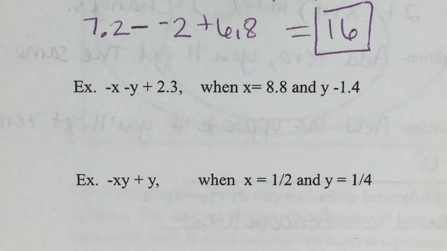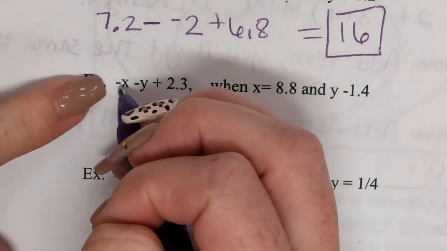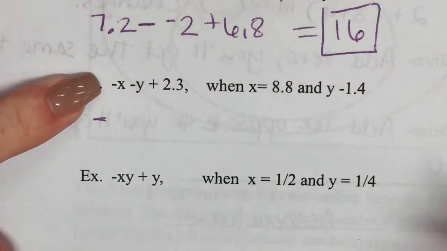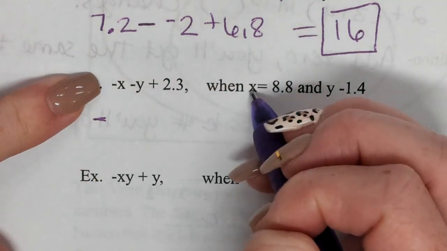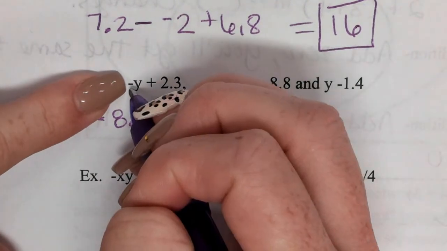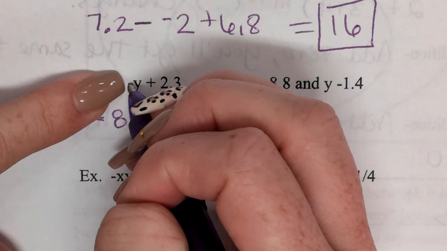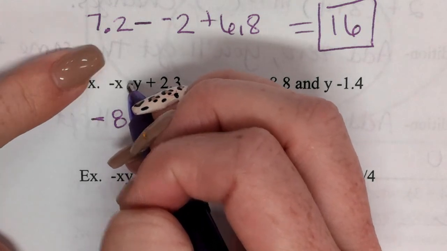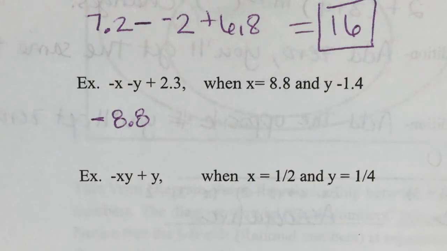Okay, let's make sure you've set it up correctly. What was the first thing you should have written? So it's negative, and then what is X? 8.8. Okay, now what? Hold on. Now what? That's not a negative sign? Guys, if it's between two numbers, it has to be a subtraction sign.